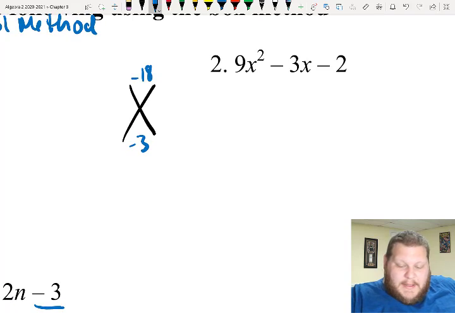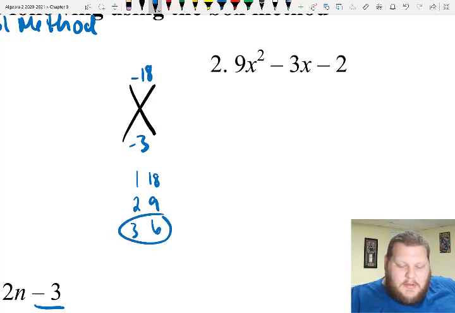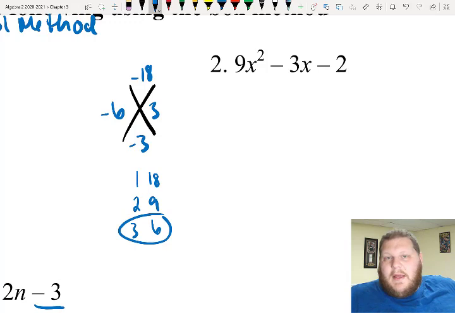So if I make my list real quick, I have 1 times 18, 2 times 9, 3 times 6. Those are my 3 different combinations. The pair that are 3 units apart are 3 and 6. So since I want it to add up to be a negative 3, I'm going to make it a negative 6 and a positive 3 for my two sides.